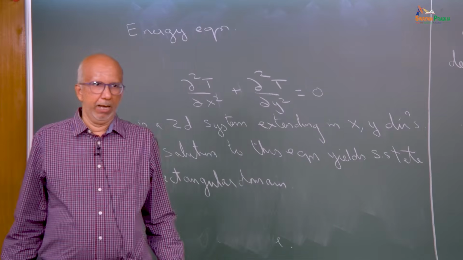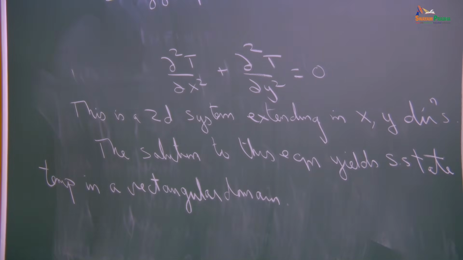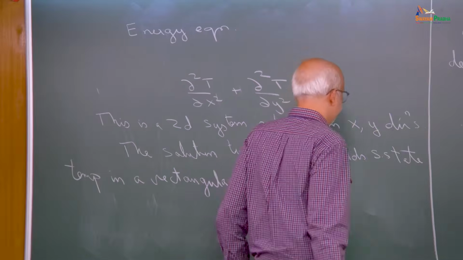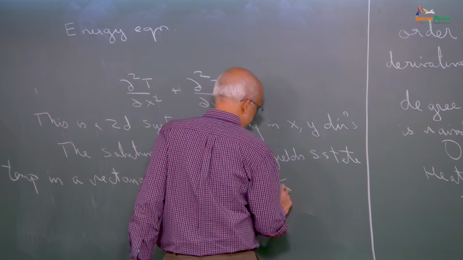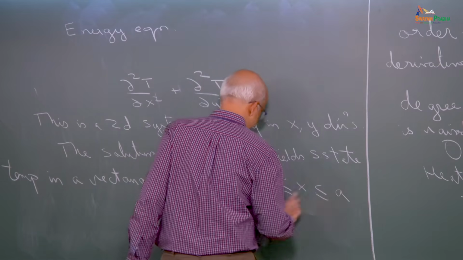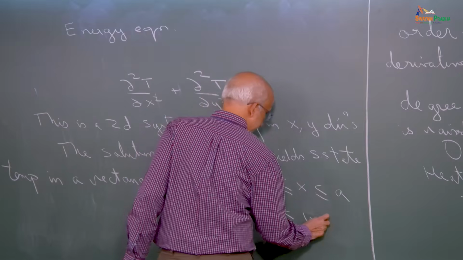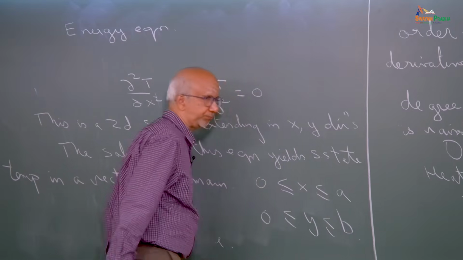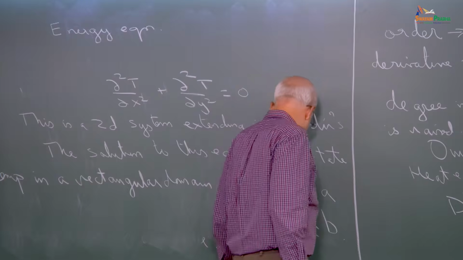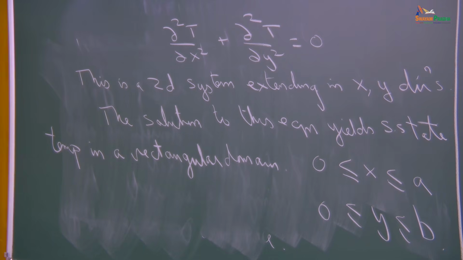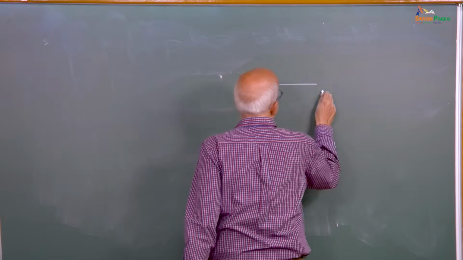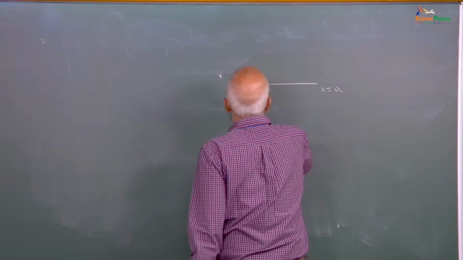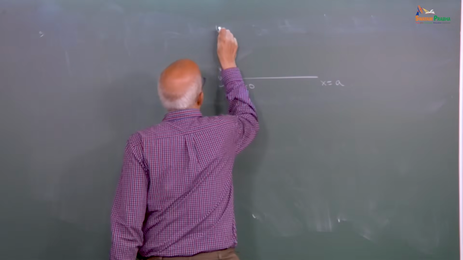Okay. And let us say, for the sake of concreteness, that this rectangular domain extends from 0 less than or equal to x less than or equal to a, and 0 less than or equal to y less than or equal to b. So, I have x equals 0 here, x equals a, y equals 0 and y equals b.